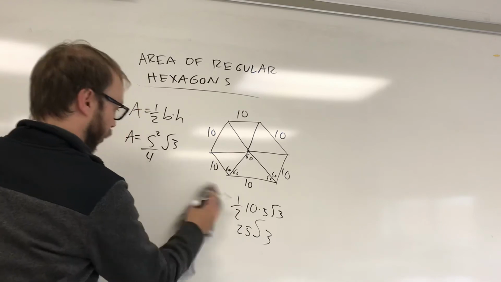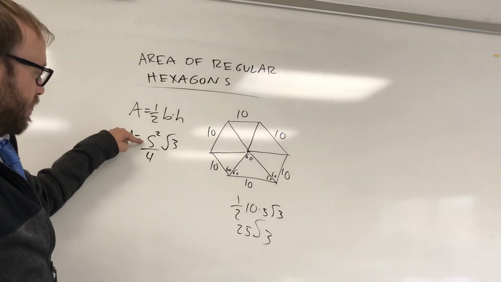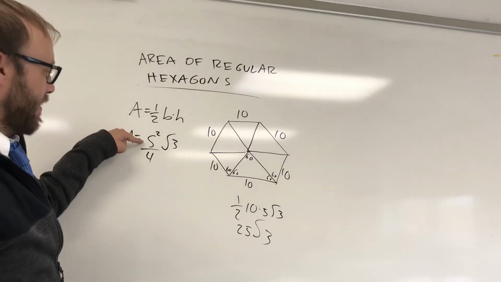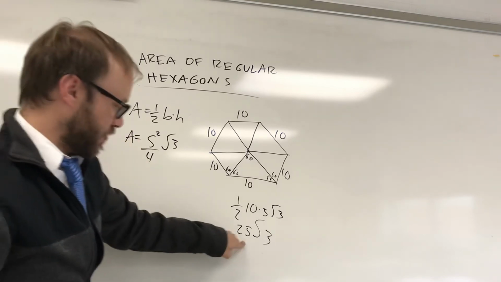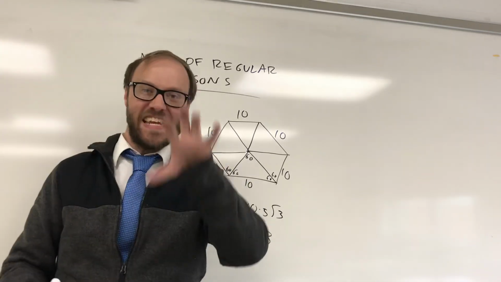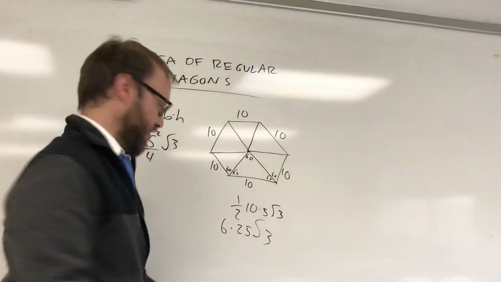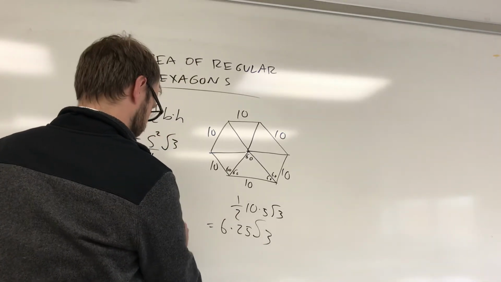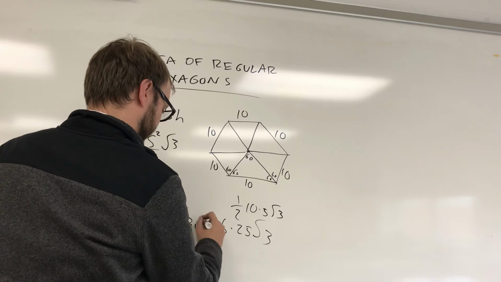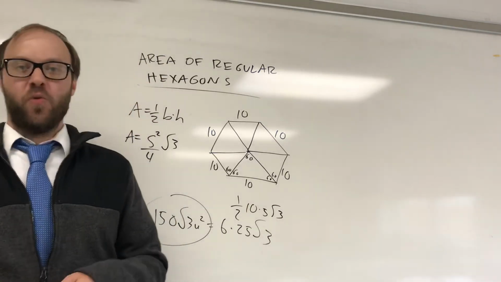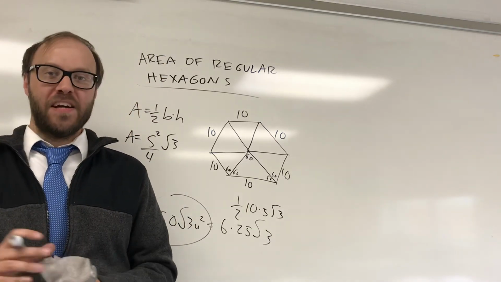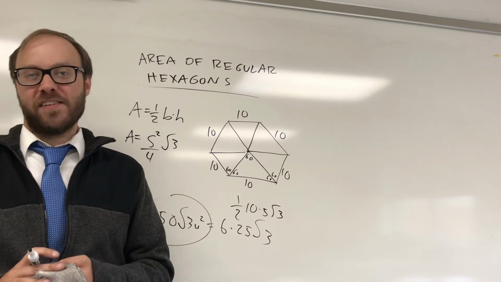Or you could do the side squared. 10 squared is 100, divided by 4 is 25 radical 3. You have 6 triangles with areas of 25 radical 3. So 6 times 25, I believe is 150. 150 radical 3 square units would be the area of that hexagon. So pretty predictable, hopefully not something that's terribly difficult.